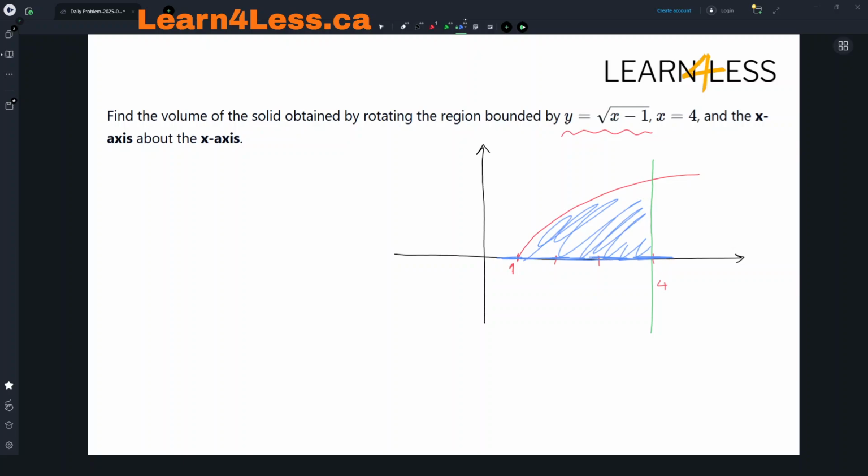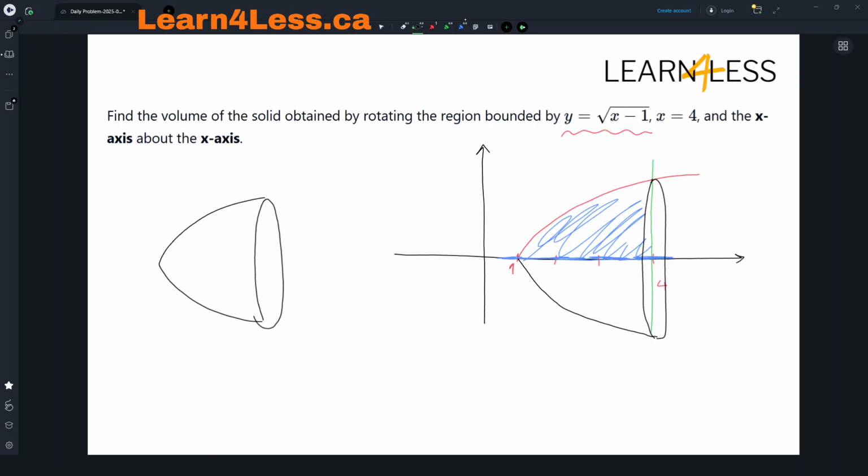And when we rotate that around the x-axis, this part would be kind of a circular part, and it would be connected. So there is basically a conical shape. If I sketch it a little bit better, it looks something like this.